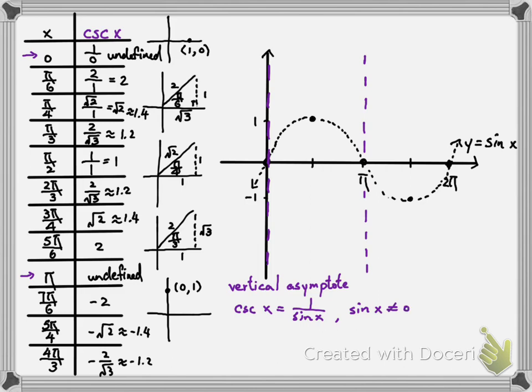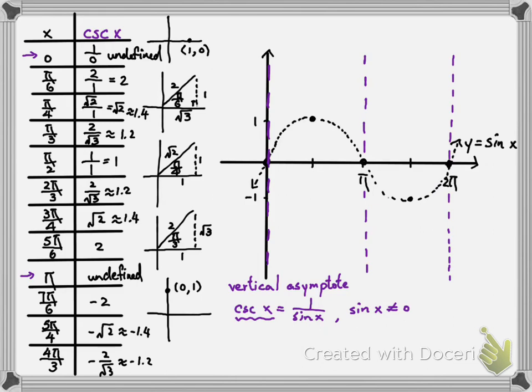Otherwise, the cosecant x function will be undefined. Because of that, we know that we also have a vertical asymptote at x equals 2 pi, because sine of 2 pi equals 0.